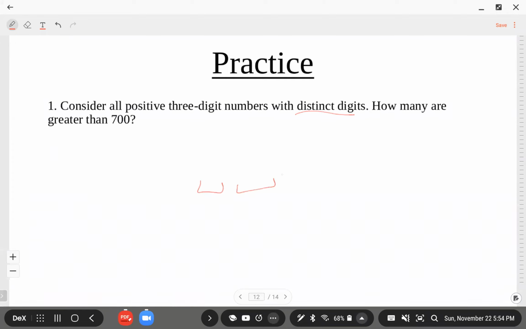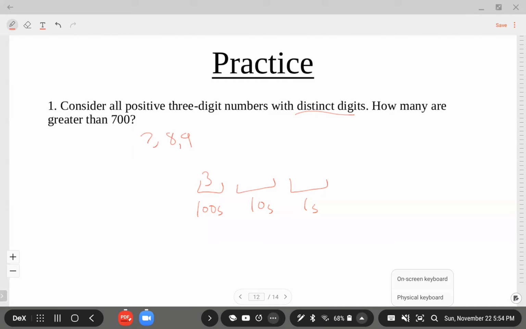Use the box method on this one. How many numbers can be the first digit, the hundreds digit? If you want it to be greater than 700, of course it has to be 7, 8, or 9, right?